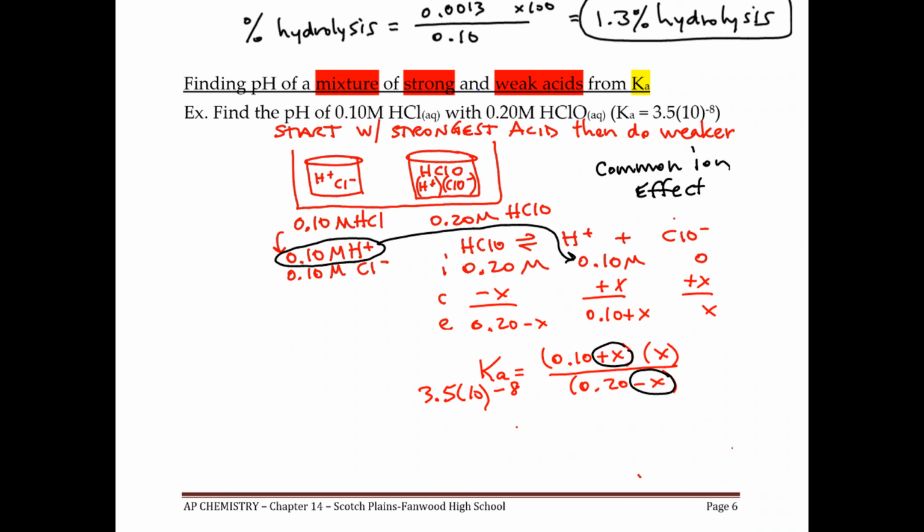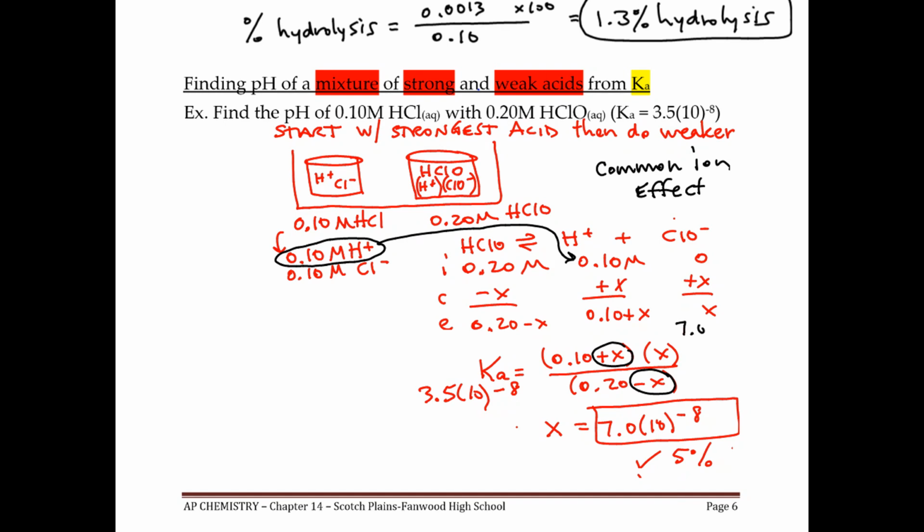So now we're going to find out that x, after all this math, comes out to be 7.0 times 10 to the minus 8th. And this is guaranteed to follow the 5% rule. Okay, I'll just write 5%. If you just look at this, 10 to the minus 8 compared to a 0.1 or a 0.2, that's orders of magnitude less than 5%. So we're good. Okay, so that's my x. So now I'm going to write these in here. I'll use a different color so we can see it.